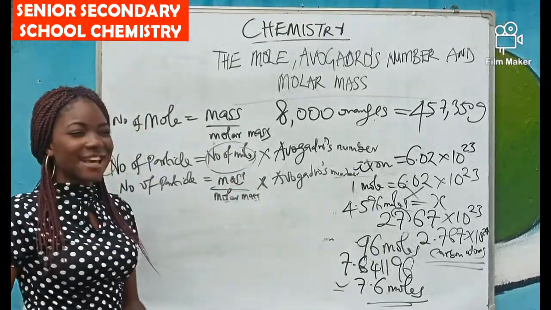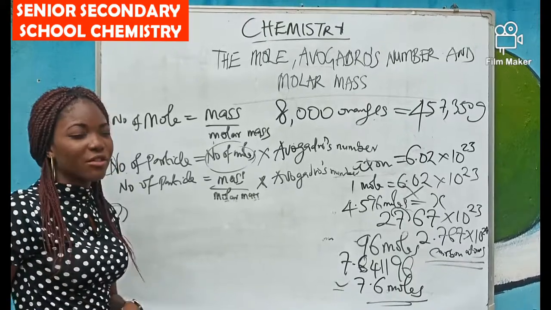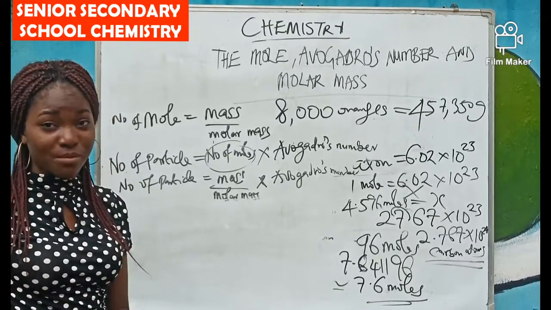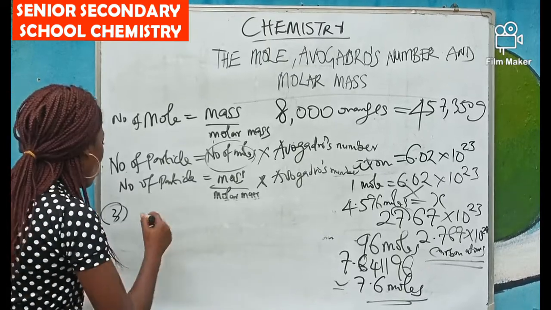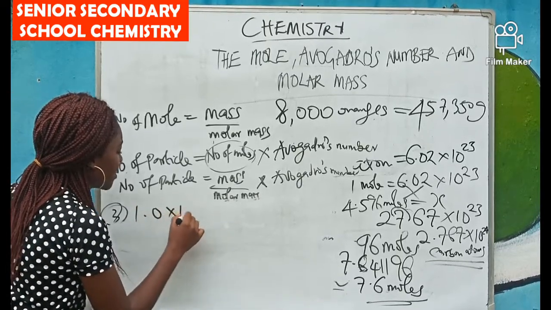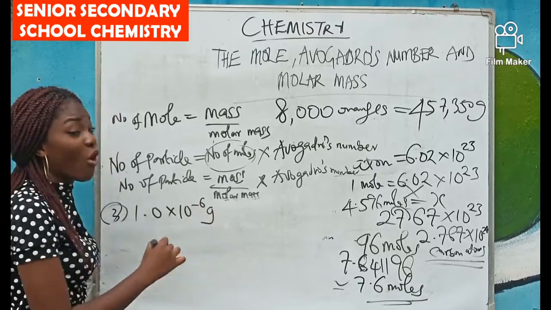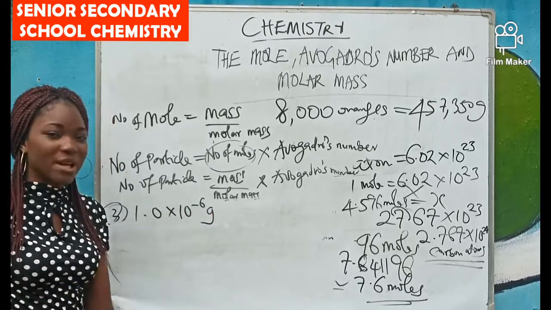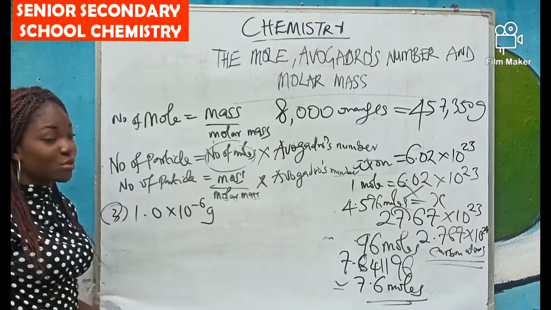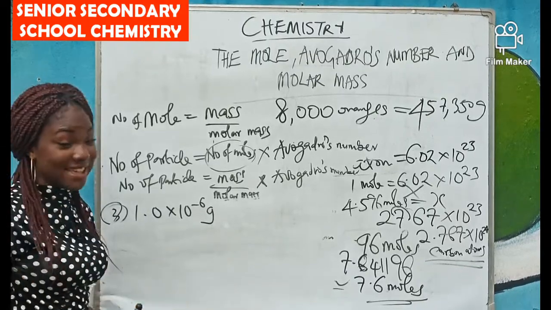Question: say we are asked to calculate the number of magnesium atom, okay, and we're given a sample that contains 1.0 times 10 raised to the power minus 6 gram of magnesium, and we're asked to calculate the number of atoms present. So we're going to use the equation technique.